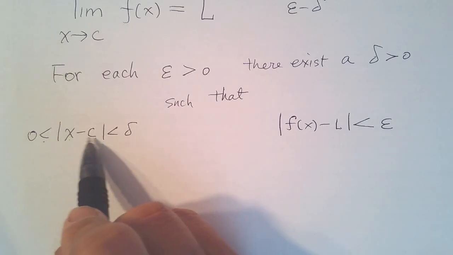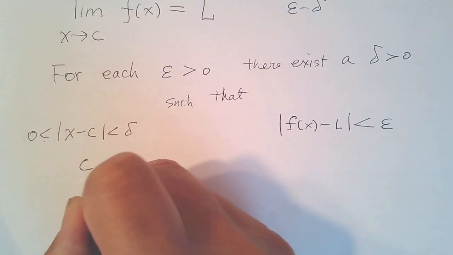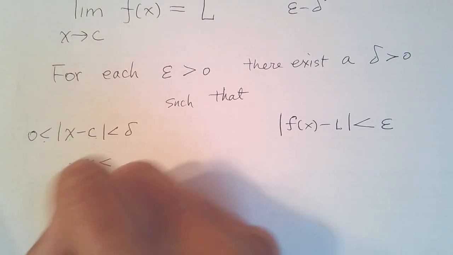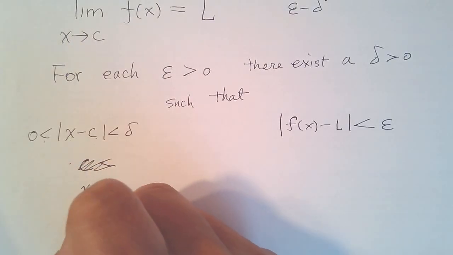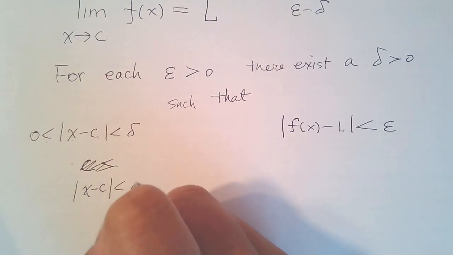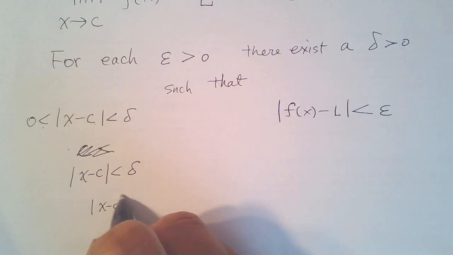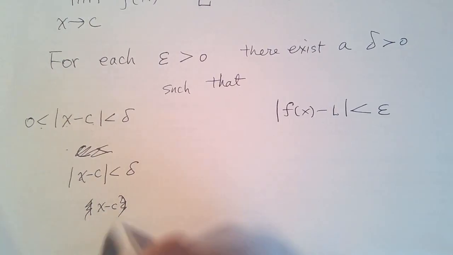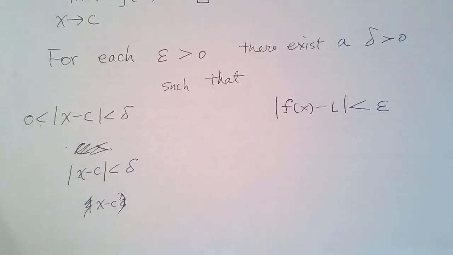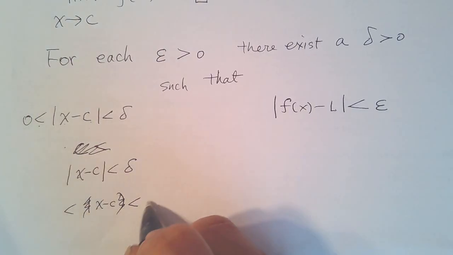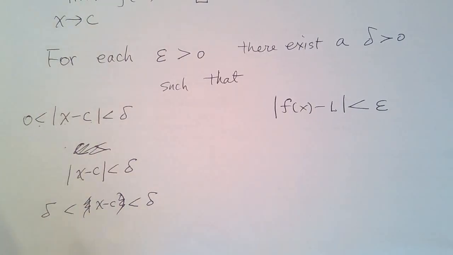And this x, so the absolute value of x minus c is less than delta, which means if you get rid of the absolute value sign, x minus c has got to be between negative delta and positive delta.